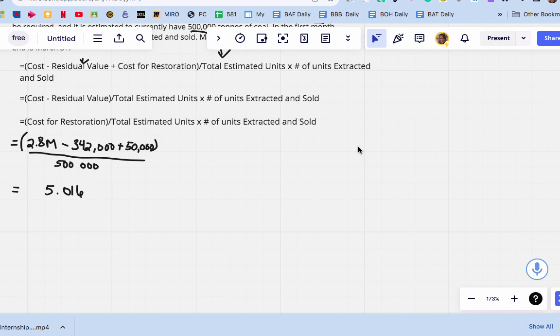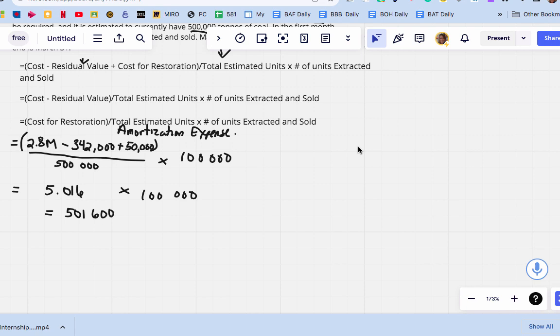So in this case, we have 100,000. So in order to finish getting my amortization expense, I'm going to take that 100,000 and multiply it by the 5.016, which is going to give us 501,600. So that is going to be our amortization expense.